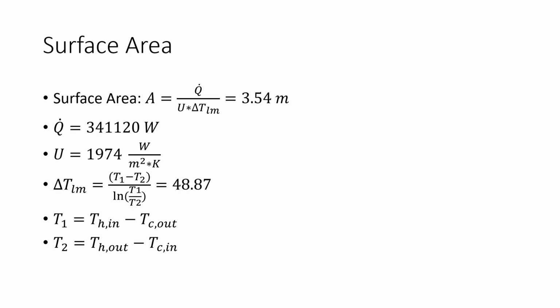T1 for a counterflow system is TH in, the temperature of the oil going in, minus Tc out, the water temperature going out, and T2 is Th out, the oil temperature going out, minus Tc in, the water coming in. Q dot is seen on the previous slides, and U is a new one that is a given for this problem. With these numbers, it results in a surface area of 3.54 meters squared.